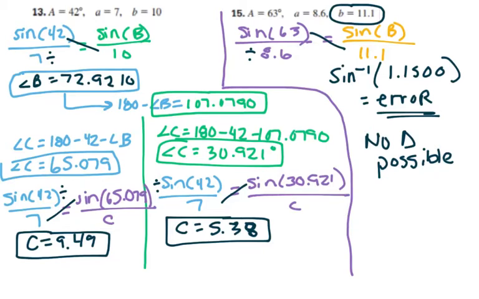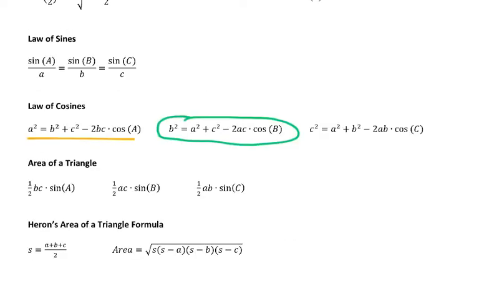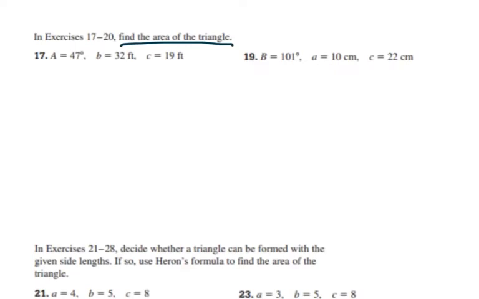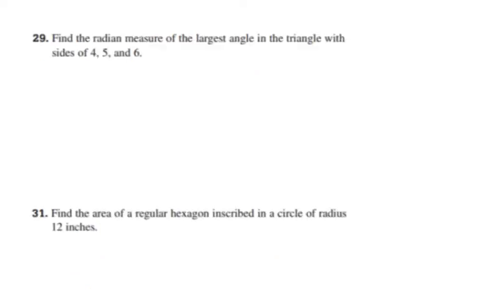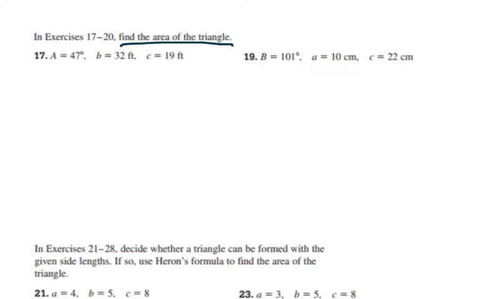Alright, so then we're going to do some areas of triangles. So that's the next one here. Find the area of the triangle. And remember that we get to use both of our formulas depending on what's given. So this one here, we have an angle given, right? And then this one here is only sides. So, taking a look at what we have, we do have an angle, and so we're probably going to end up using this idea of half of the two sides that don't have the angle times sine of the angle.